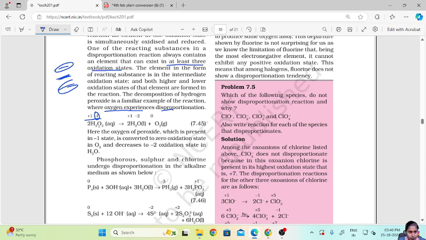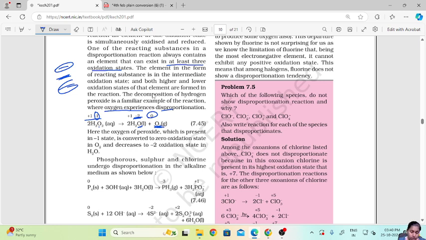When decomposition takes place, oxygen acquires a -2 charge and a 0 oxidation state. The one which is associated with water has a -2 charge and the one which is released has a neutral state. Here the oxygen of peroxide which is present in -1 state is converted to 0 oxidation state in O2 and decreases to -2 oxidation state in water.